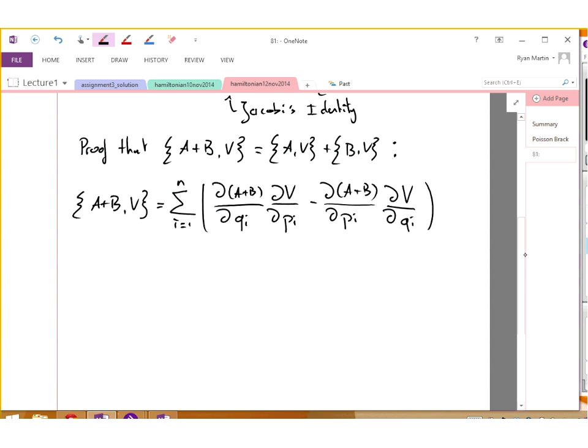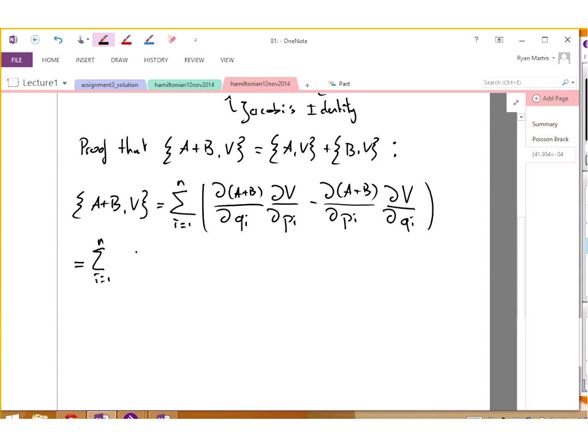So that first term, because of the summing properties of the derivative, is the same as ∂A/∂qi times ∂V/∂pi plus ∂B/∂qi times ∂V/∂pi, summed from i equals 1 to n.